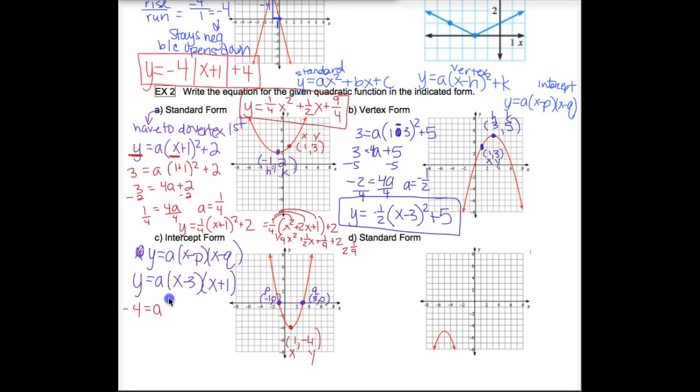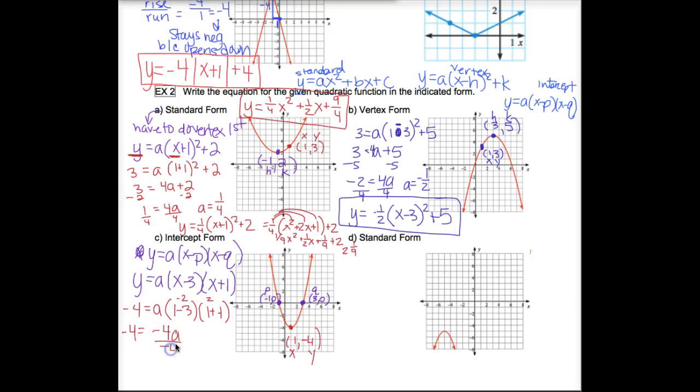A is what I'm looking for. Then I've got 1 minus 3 and 1 plus 1. So 1 minus 3 is negative 2. 1 plus 1 is 2. So I've got negative 2 times 2, which is negative 4. So here I've got negative 4 equals negative 4a.